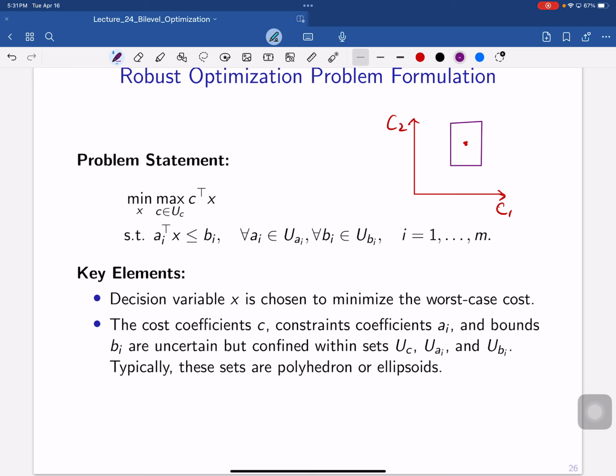So let's say, for example, you assume that c can be any value within this rectangle. Okay, so this is your set U sub c. Okay, and then you are choosing the c that gives you the worst cost. That's why I say you have a maximization problem here, where after you determine x, the cost will be the worst case over this rectangle. Right?